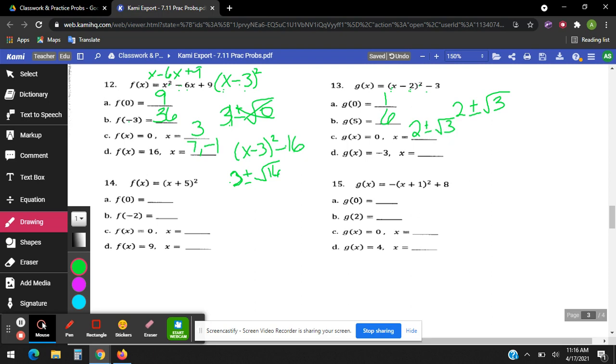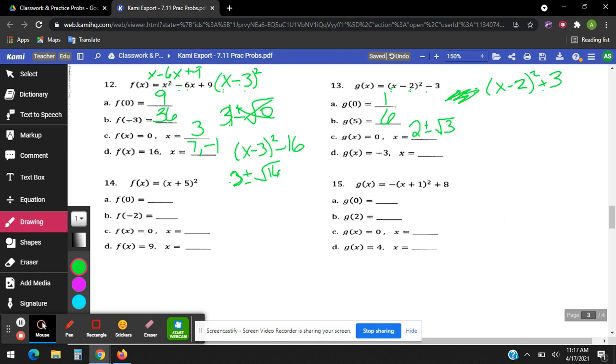That's it. All right, when g of x equals negative 3, let's go ahead and rewrite this here. So if it equals negative 3, that means I'm going to add 3 to the side, right? Negative 3 equals that. I need to add it to get rid of it.